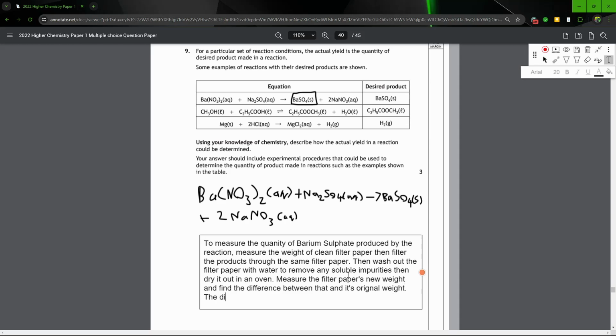The difference in weights is the mass of barium sulfate produced. Yep, there we go.